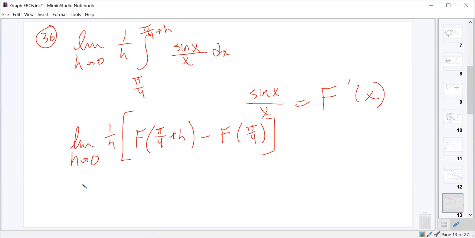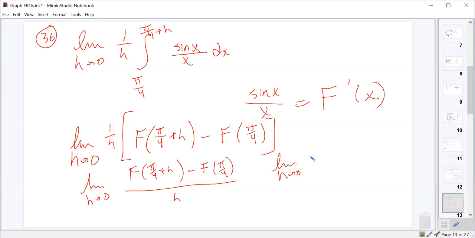Okay. Now we get to use this nice little trick here. I'm going to bring that 1 over h all inside of here. And what is this? This is the limit as h approaches 0 of F of x plus h minus F of x, all over h.